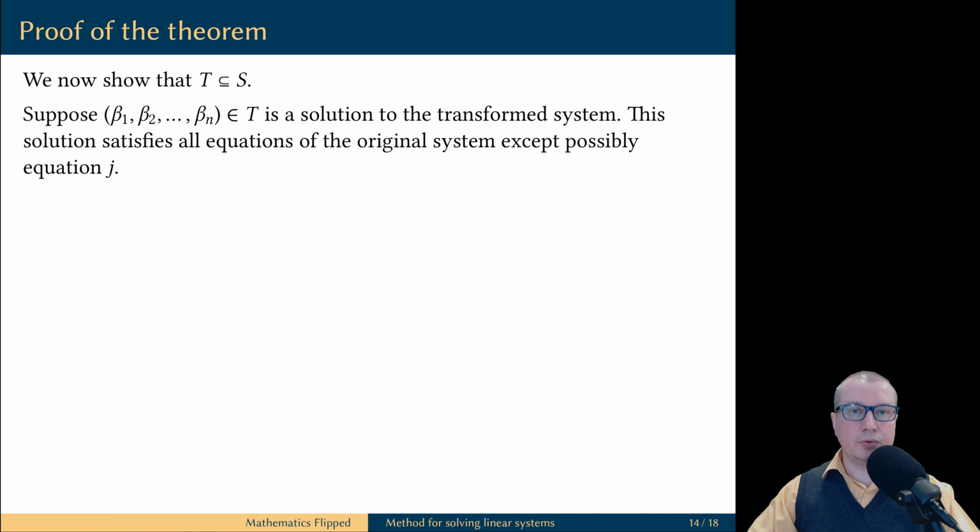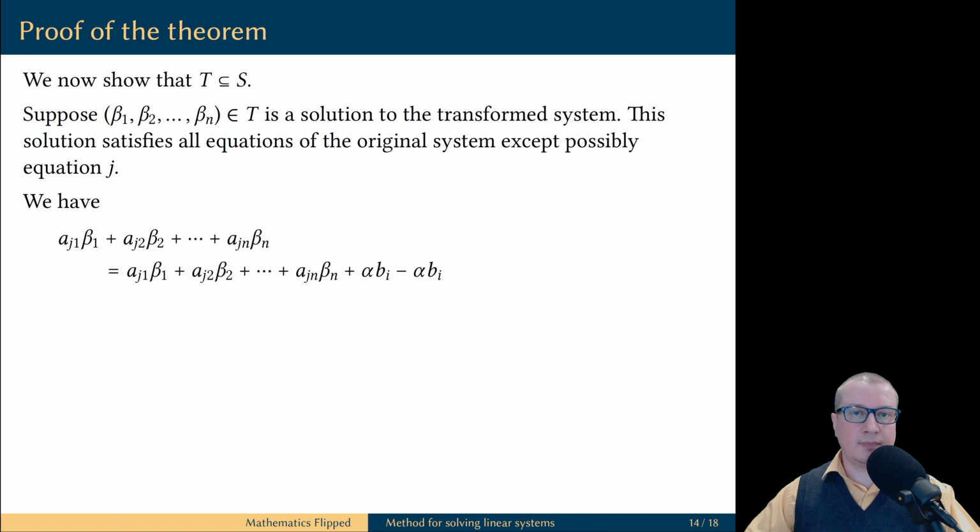For the opposite inclusion, I'm going to take any solution of the transformed linear system, and I will show that it is also a solution of the original linear system. Once again, the only difference between the two systems is in equation number j, so this is the one that we need to concentrate on. I'm going to take the left-hand side of equation number j in the original linear system, and I'm going to apply a little trick.